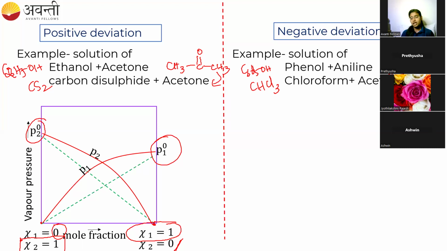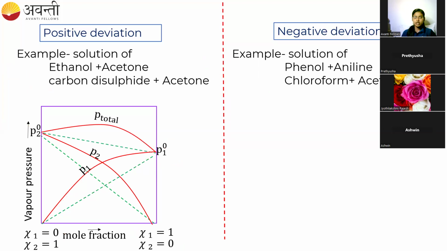So if the curve is coming above the ideal solution line, with respect to each green dotted line, then those curves denote the positive deviation curve. And if I connect P2 naught and P1 naught, it will give me the total pressure. So this is the graph for positive deviation.